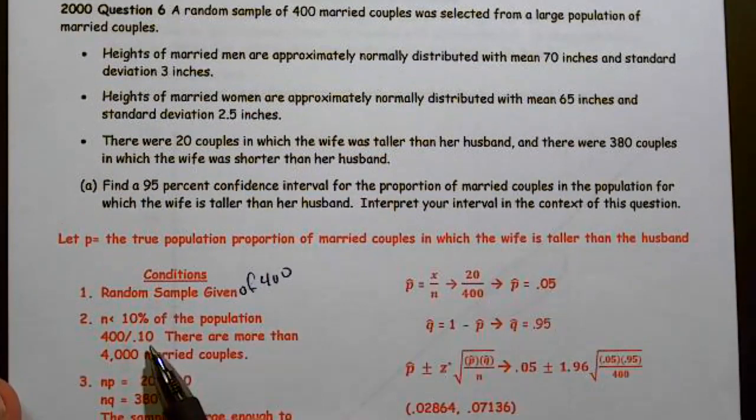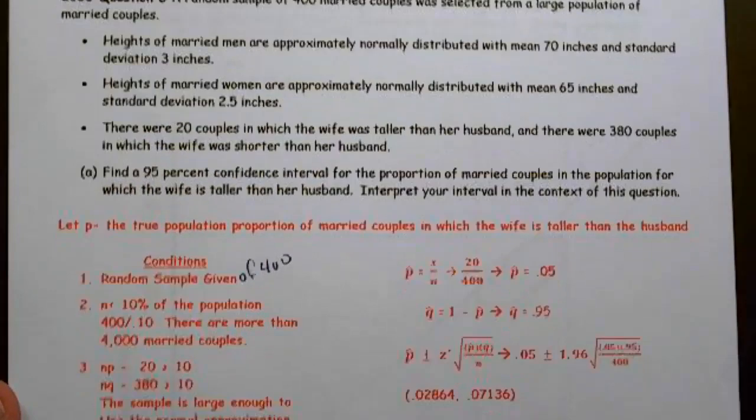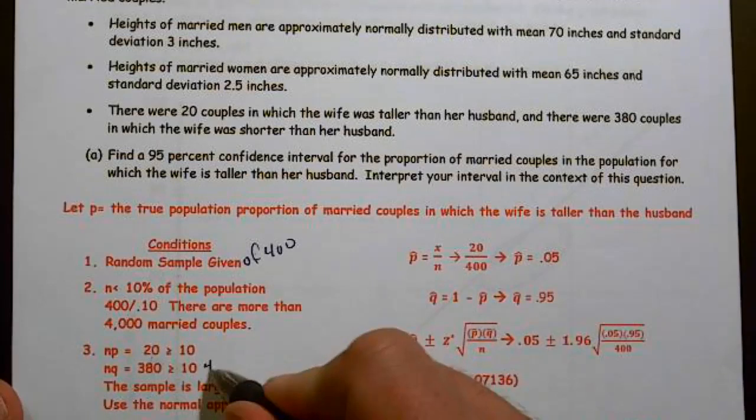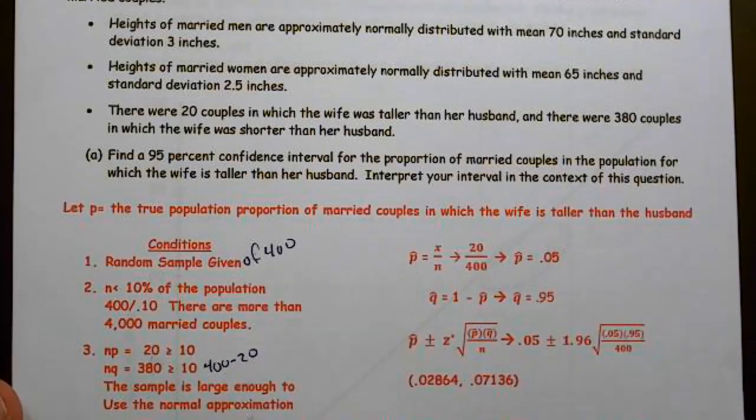We need to check the independence condition: 400 divided by 10, there are more than 4,000 married couples, at least before Valentine's. Then we have 20, how many couples where the wife was taller, and 380, or the 400 minus 20. So the sample is large enough to use the normal approximation.